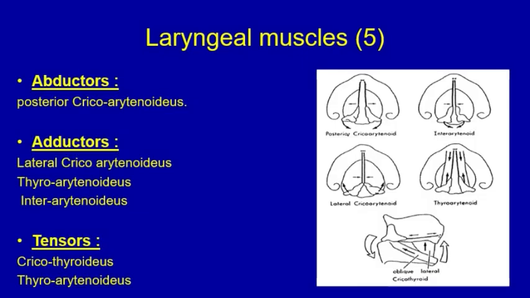The 5 major laryngeal muscles move the laryngeal cartilages to open up the vocal folds by abduction and close the vocal folds by adduction, and also change the dimensions of the vocal folds and their tension. This is a transverse section of the larynx showing the arytenoid cartilage with 2 processes.